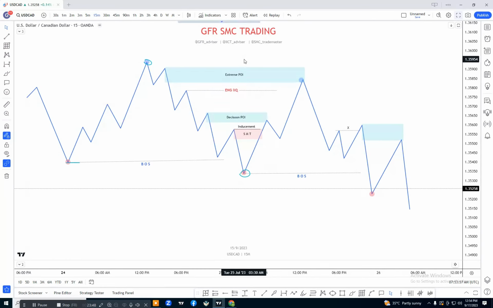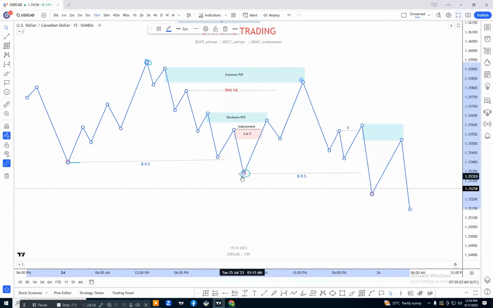Personally, I recommend taking only extreme POIs because extreme has a 100% chance to work from your side, and if extreme works, then there will be high RR profitability for all of you guys. So you can simply wait for the extreme order block after taking out these liquidities, so you can simply sell from this area with the target of this low.